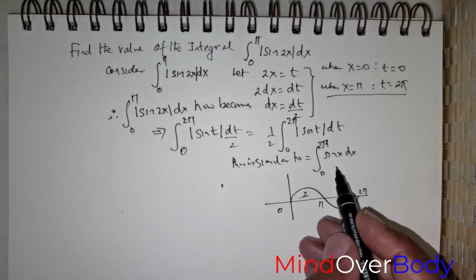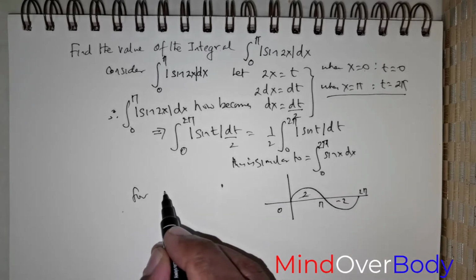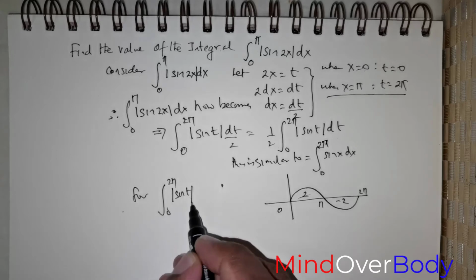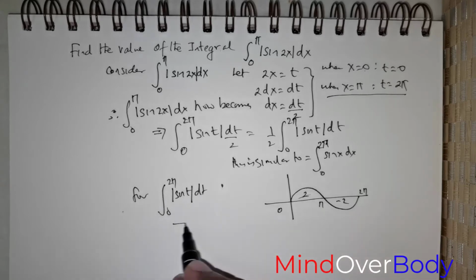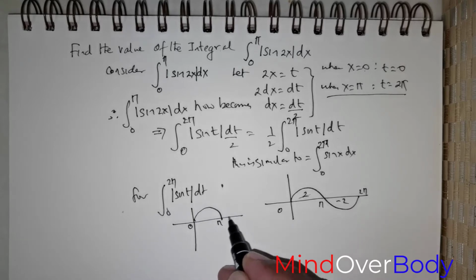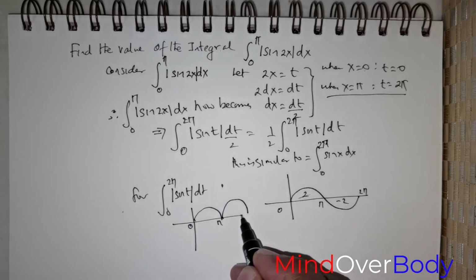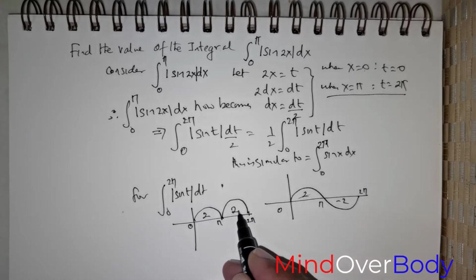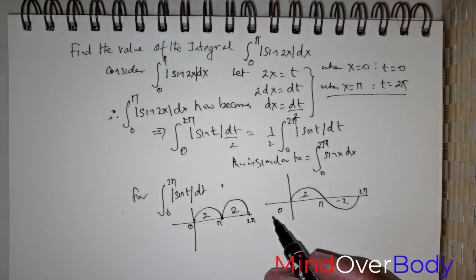But for integral 0 to 2 pi of modulus of sin t dt, the graph is going to be like this. This is the graph from 0 to pi, and the graph is not going to go down because we have the modulus sign. So the graph is going to rise, hitting 2 pi again. And this is going to be 2 units, this is also going to be equal to 2 units.